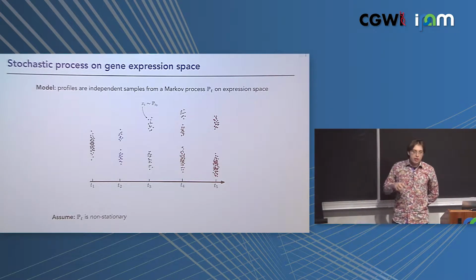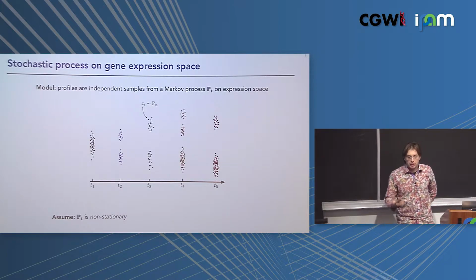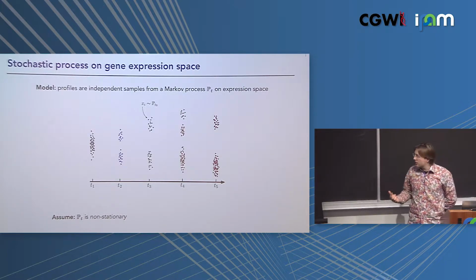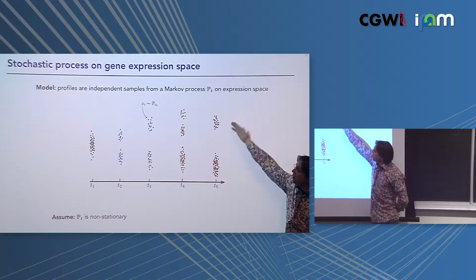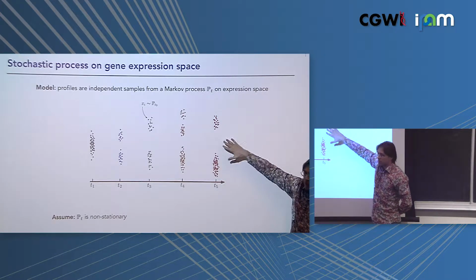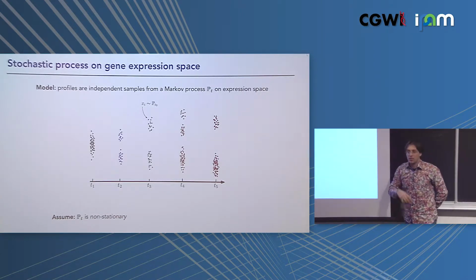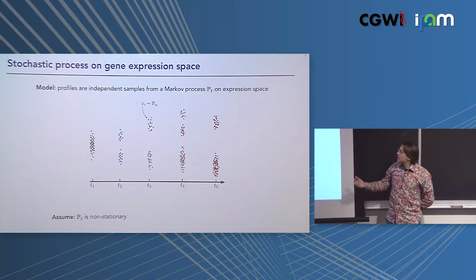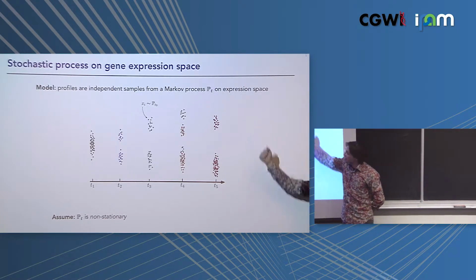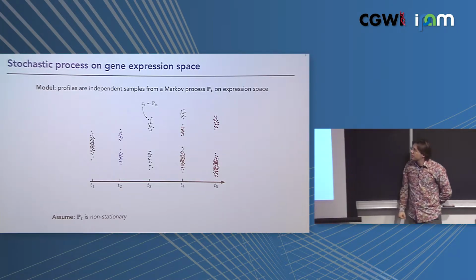And then we measure this with noise because we recover a limited amount of mRNA from the cell, etc. But we wrap all of that noise, both the biological distribution over expression and the measurement noise, into one distribution that's changing over time. And this is this stochastic process on gene expression space.